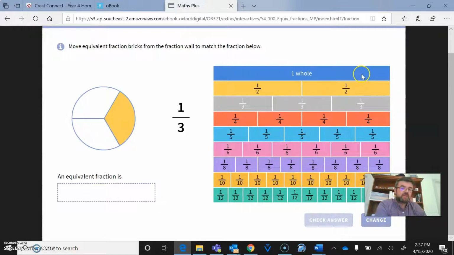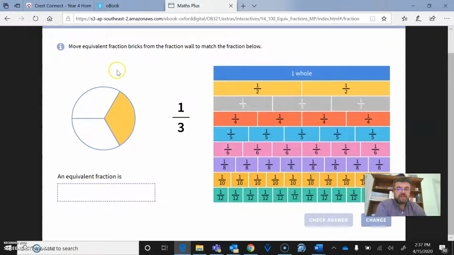So at the top, in the first row, you have the whole, and then you have 2 equal halves here. Then you have the 3 equal thirds here. Then you have quarters, fifths, sixths, eighths, tenths, and 12ths. So this is a fraction wall, and actually it's a great visual aid, a visual representation of equivalent fractions.